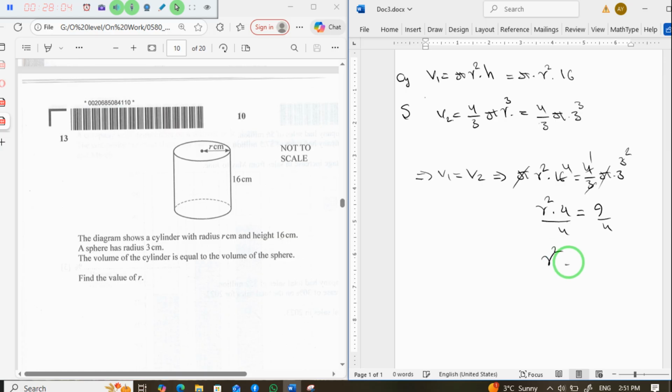R square equals 9 over 4. Then we take the square root from both sides. R equals the square root of 9, which is 3, over the square root of 4, which is 2. 3 divided by 2 is 1.5 centimeters. This is the answer: the radius of the base of the cylinder is 1.5.